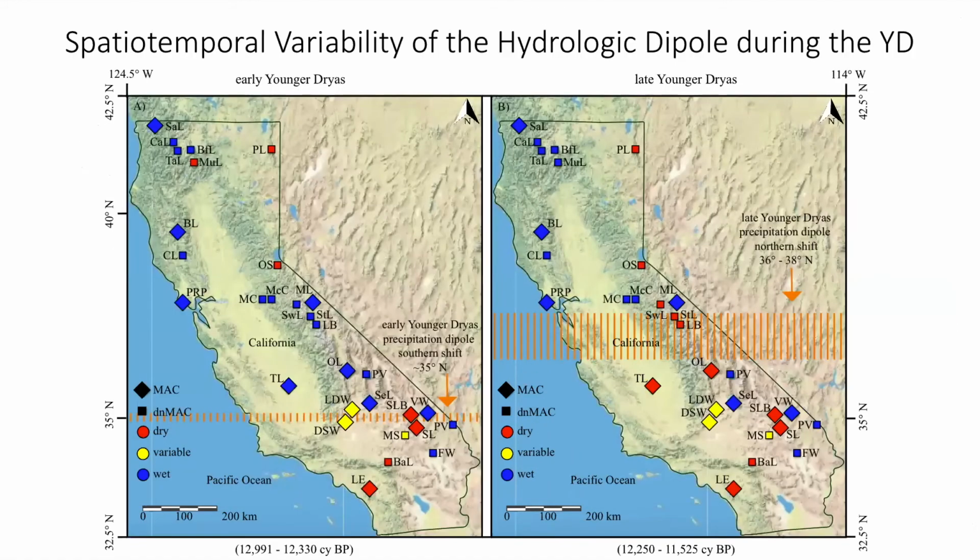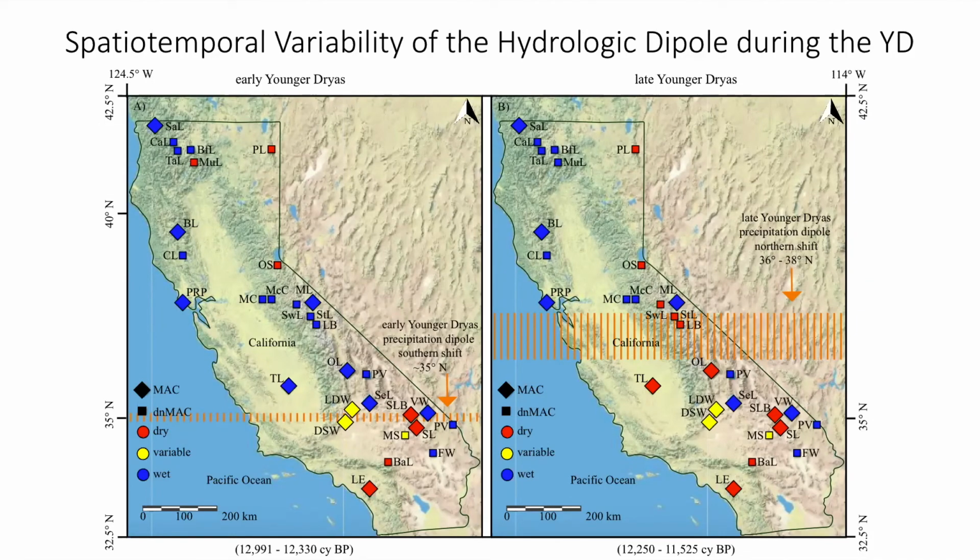A closer look into the multiphasic variability of the Younger Dryas shows that sites located between 35 to 38 degrees north showed evidence for a two-part Younger Dryas, suggesting the transition zone of the dipole shifted during the Younger Dryas.